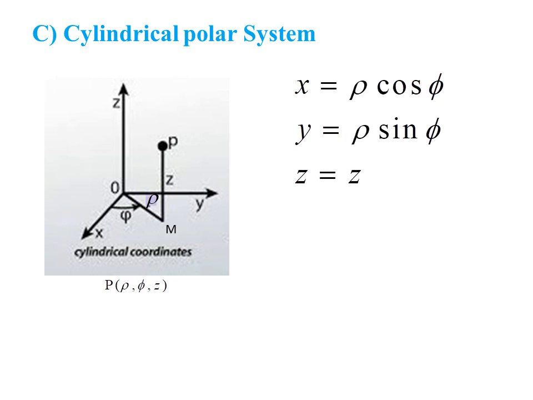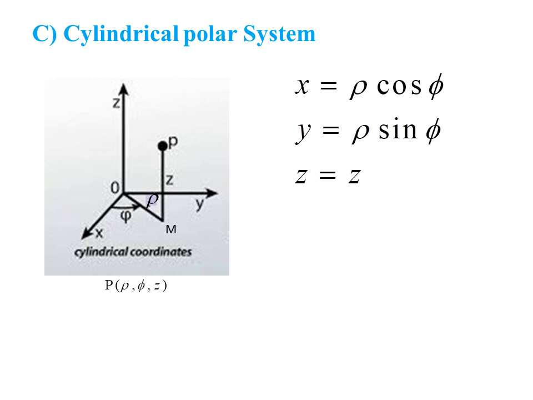To convert from the Cartesian system to the cylindrical polar system, we need to use the transformation x is equal to rho cos phi, y is equal to rho sin phi, and z is equal to z.